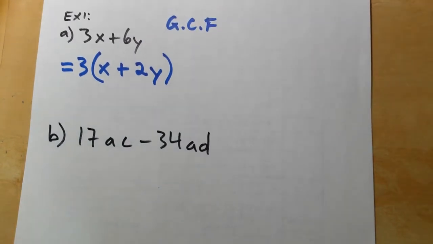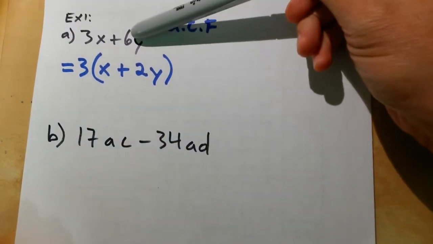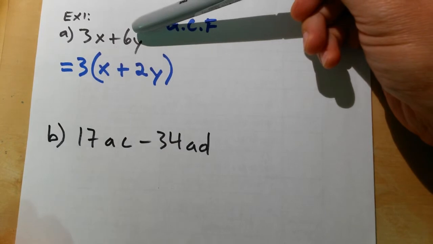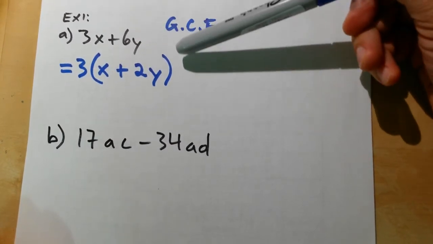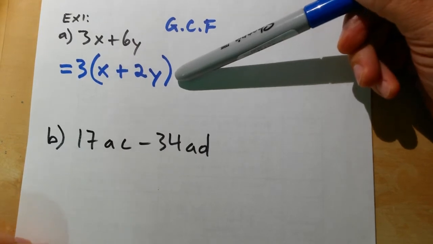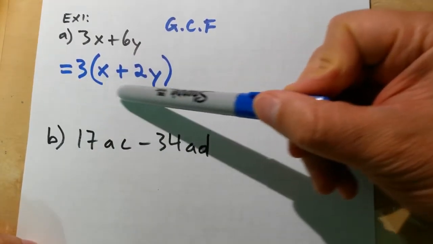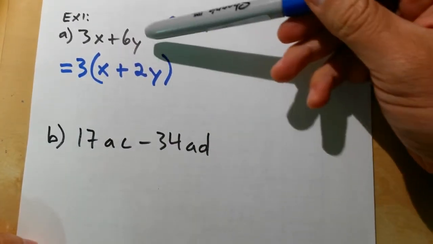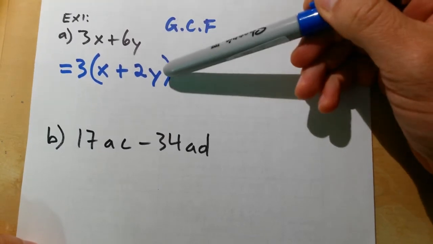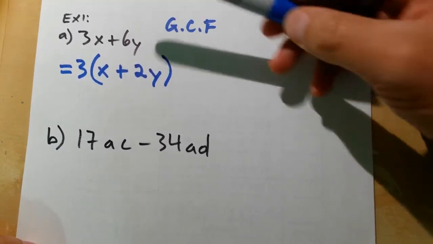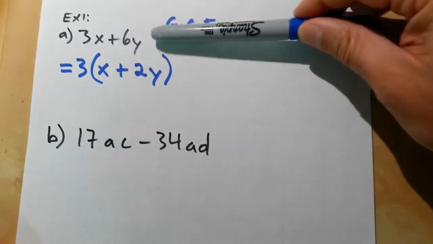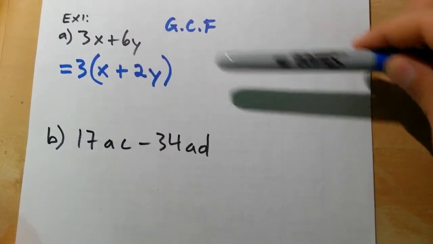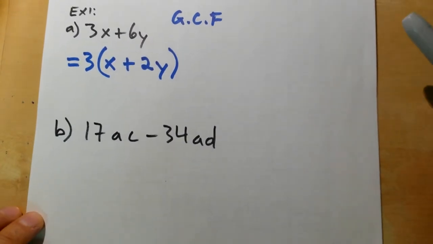We have represented this expression 3x plus 6y as a product of two expressions, here a monomial times a binomial. In other words, we've actually gone backwards and found out what the question was. It is as though I gave you that. In any case, we've just factored this. So these are just common simple factoring that we have seen before.